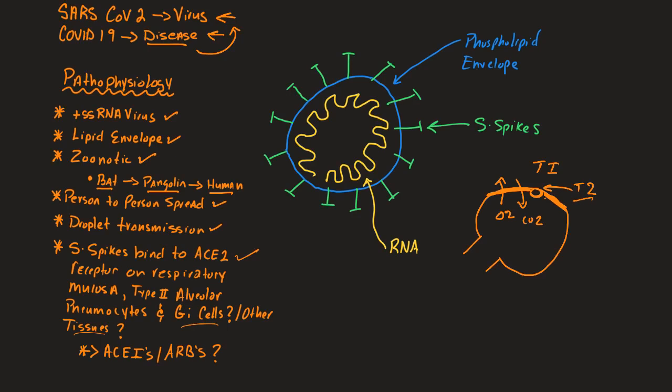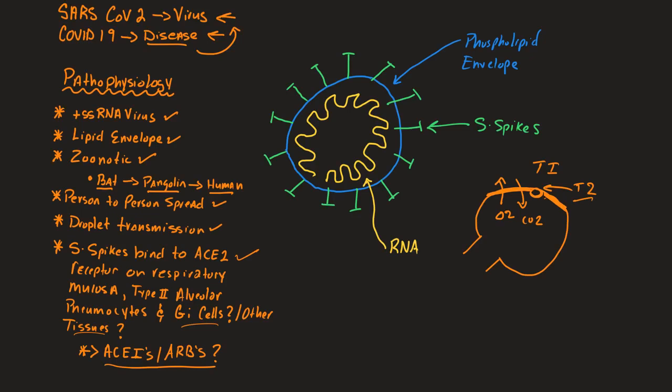And this does call into question a very large and common class of drugs, or two of them, the angiotensin converting enzyme inhibitors and the angiotensin receptor blockers, the ACEIs or the ARBs, and these are very commonly used for blood pressure or hypertensive treatment because they block angiotensin converting enzyme.